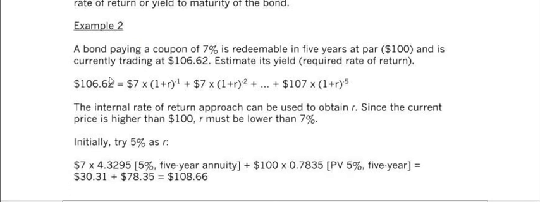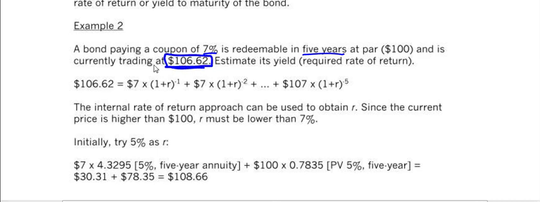Let's try this one out. Example number 2: we have a coupon of 7%, which is redeemable in 5 years at par, and is currently trading at 106.2. So they tell us the price.